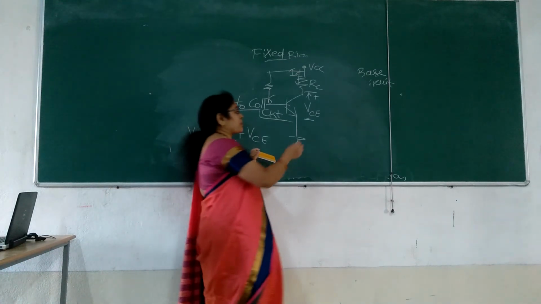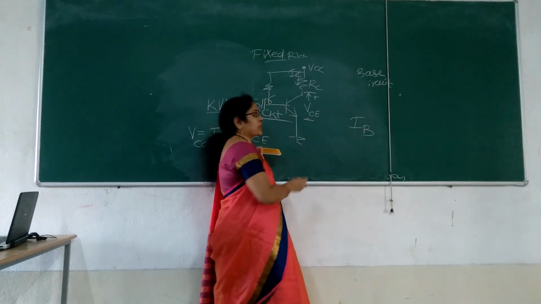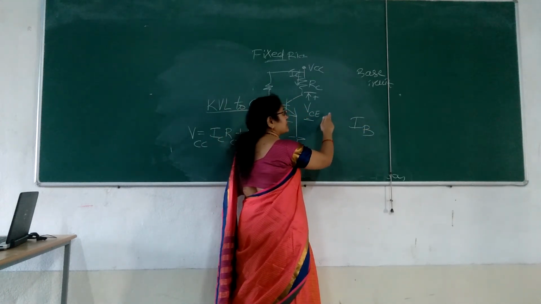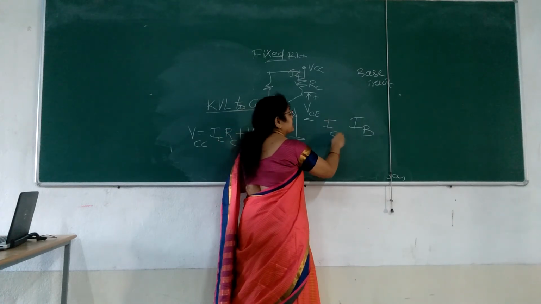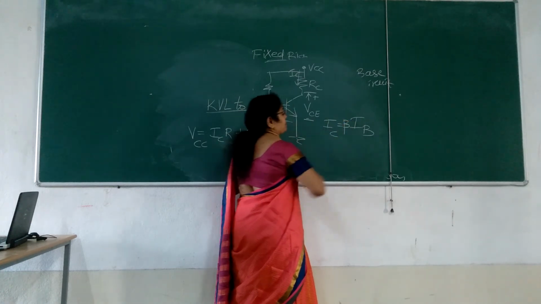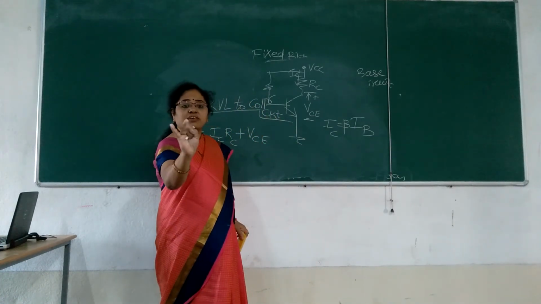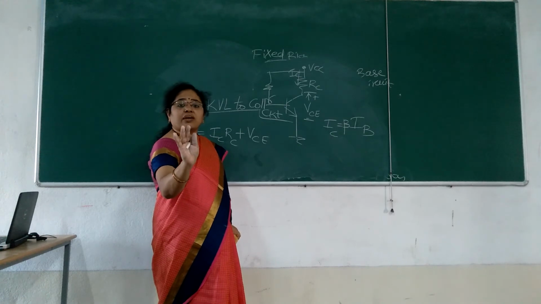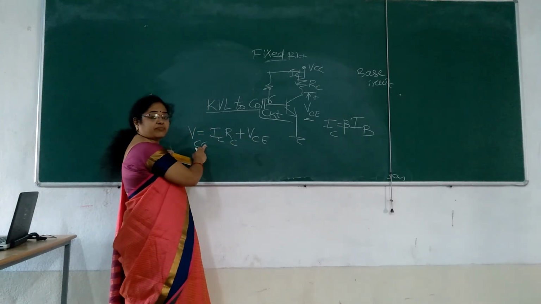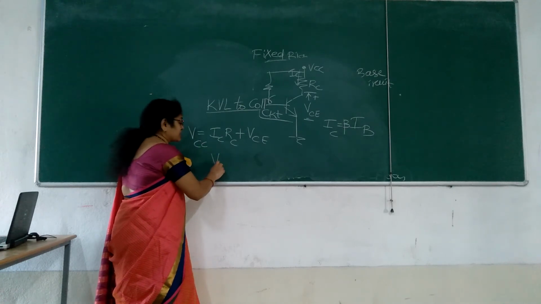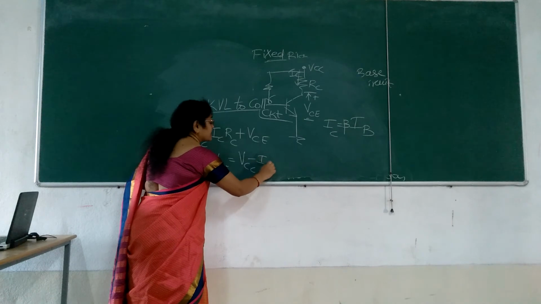From IB we already obtained IC. We know that beta equals IC by IB, therefore IC equals beta times IB. Lastly we are left with VCE, which we can obtain from this equation: VCE is equal to VCC minus IC RC.